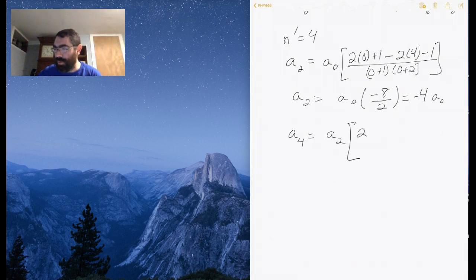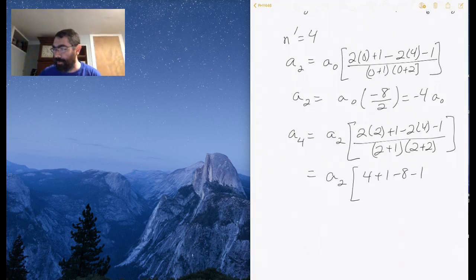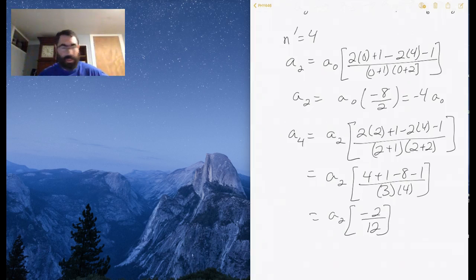So we'd have 2 times 2 plus 1 minus 2 times 4 minus 1 over 2 plus 1 times 2 plus 2. And in that case, we would get 4 plus 1 minus 8 minus 1 over 3 times 4.